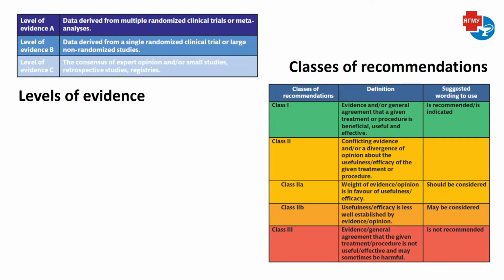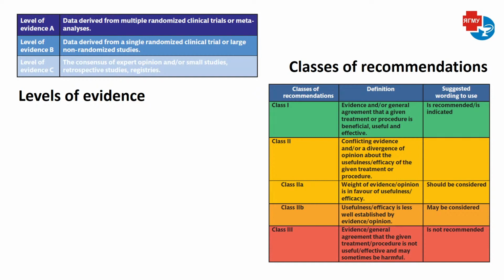And in the beginning, I would like to remind you of some levels of evidence and classes of recommendation. You remember that level A of evidence is based on data derived from multiple randomized clinical trials or meta-analyses. Level B, data derived from a single randomized clinical trial or large non-randomized studies.